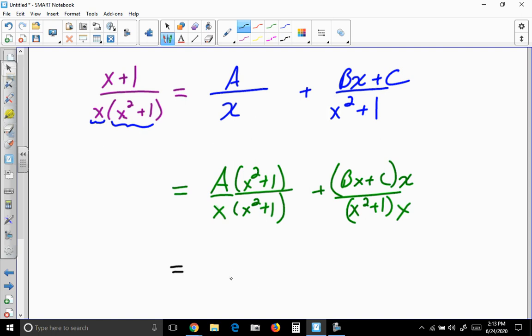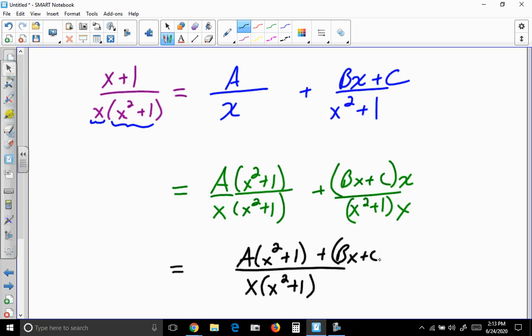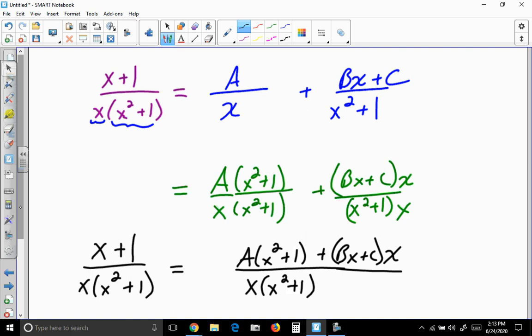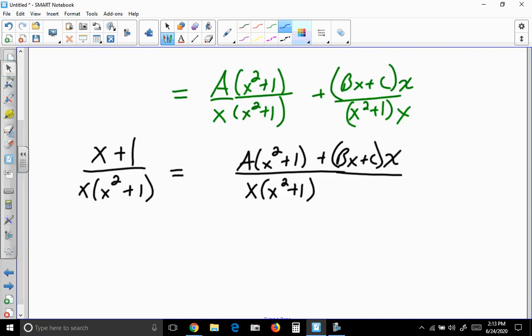So now our denominators are both x times x squared plus 1. So we're going to take the first numerator plus the second numerator over the common denominator, and that's got to be equal to x plus 1 over x times x squared plus 1. So since the denominators match, then that means the numerators have to match.